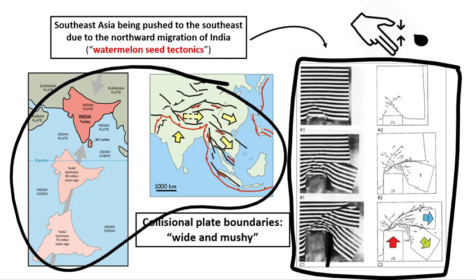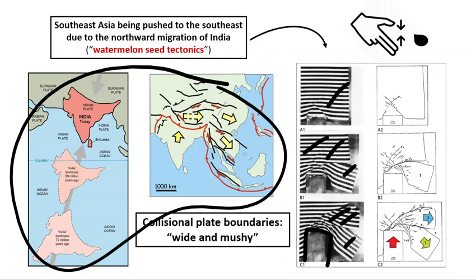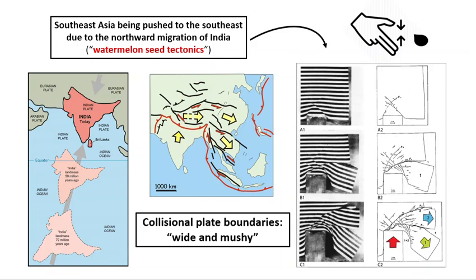In this case, the wooden block right here represents India, and then the striped material, I think it was a type of plastic, represents Eurasia. And what's interesting is that when the researchers assumed that the India block was stronger than the Eurasia block, when they smushed India into Eurasia, it was the Eurasian block that suffered more deformation.